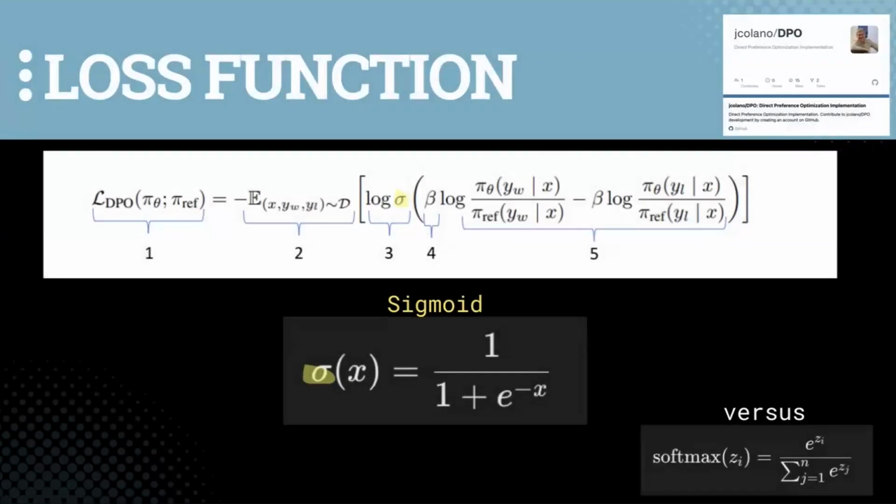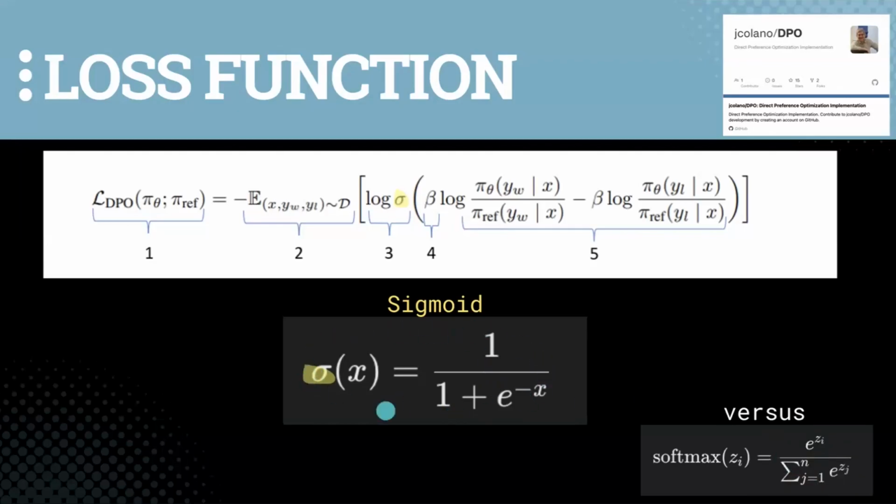Now, it's interesting if we go back to DPO, this sigma is the sigmoid equation. The sigmoid equation works on a single value of X in this case, whereas the softmax function works on a vector. It outputs a probability between 0 and 1, potentially for a single value or for an entire vector.